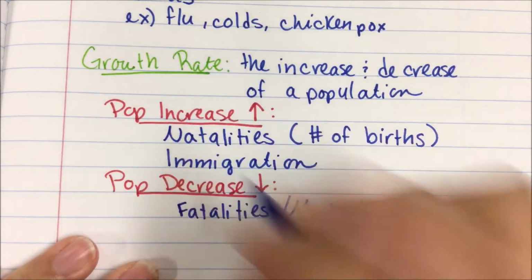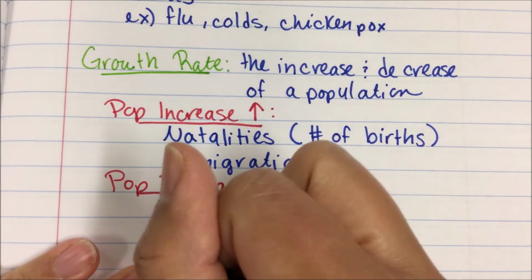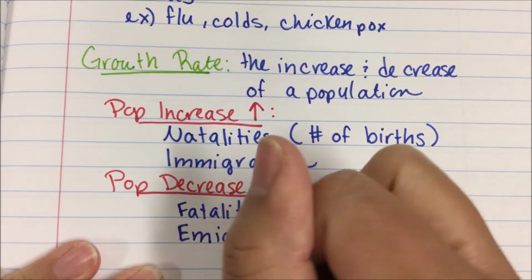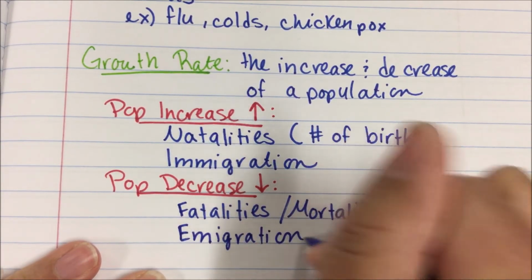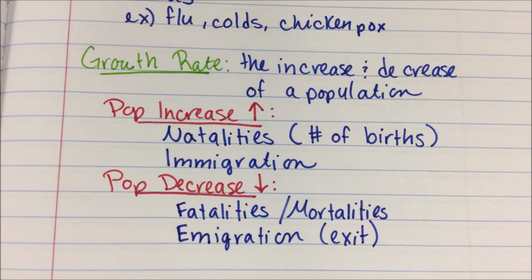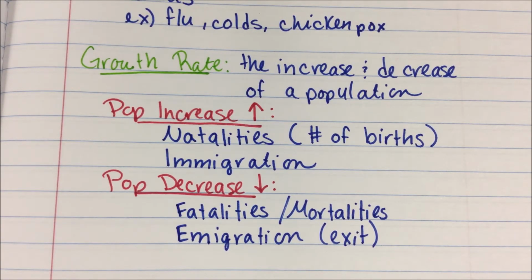And then the opposite of immigration is emigration. I think of emigration as exiting. Those are two ways to increase and decrease our population. We do have some graphs that go along with this, so I'm going to flip to my next page so I can show you those graphs.